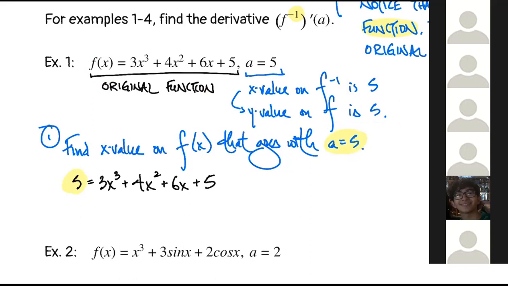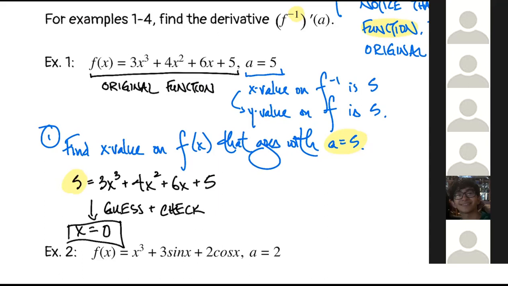This part is a little hard to convince students of, but I want you to try some numbers in your head and tell me an x value that makes this statement true. Oh, x equals 0. Okay. So we just try some numbers.